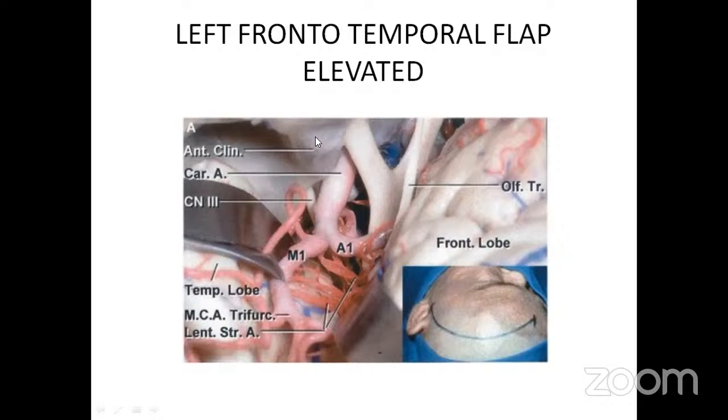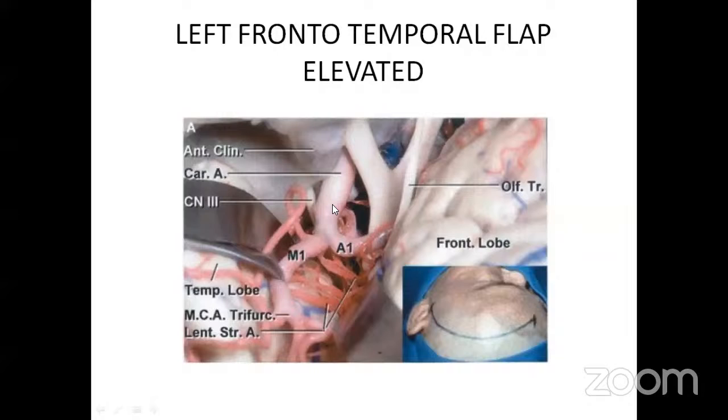This is the anterior clinoid process, and this is the supraclinoid segment, that is the C4 segment of the internal carotid artery. It bifurcates into two terminal branches. This one is the anterior cerebral artery's A1 segment, and this is the middle cerebral artery's M1 segment.